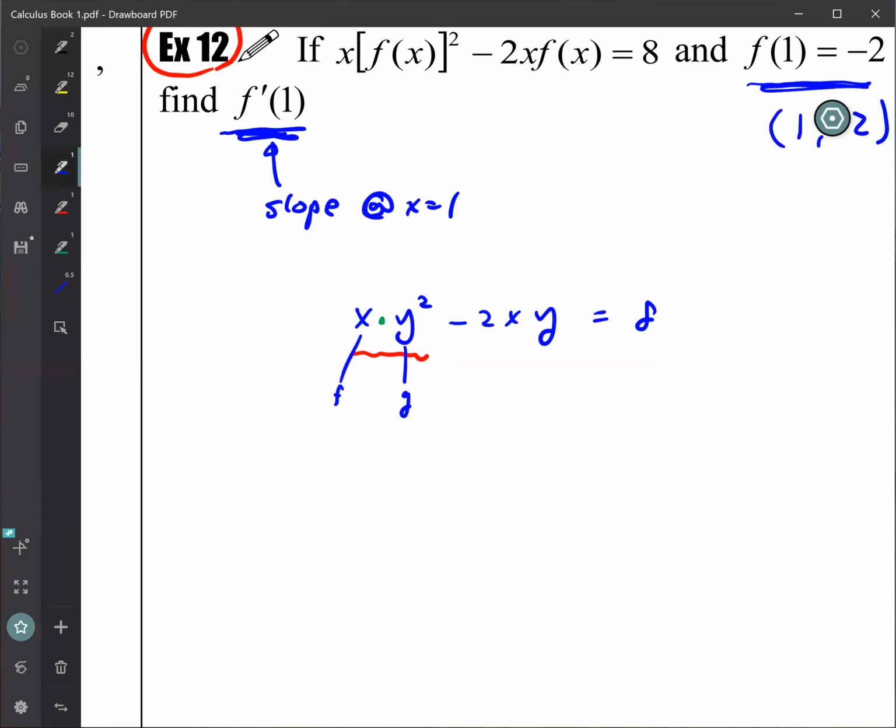Got it yet? I'm not sure. You know what product rule is, right? Yeah. Okay, so let's go for it.